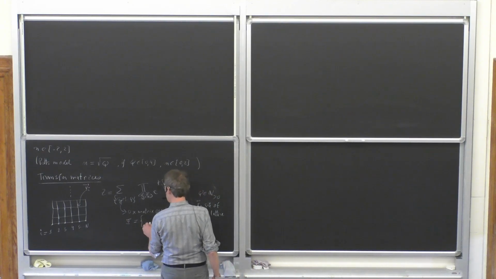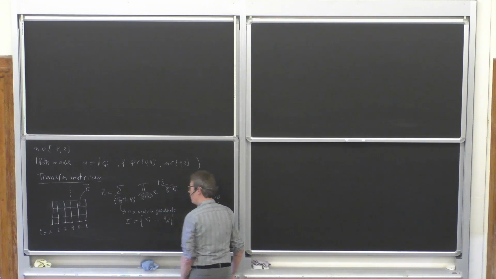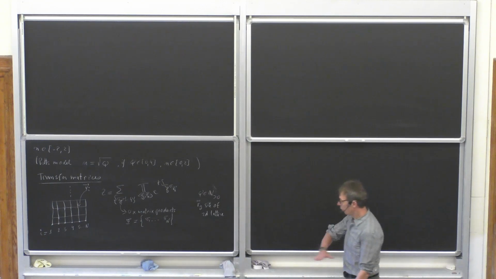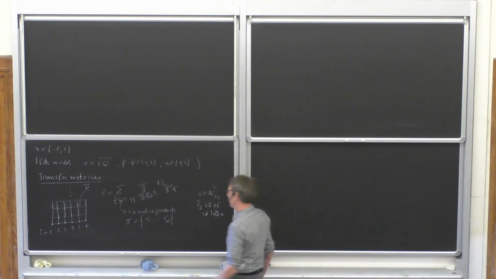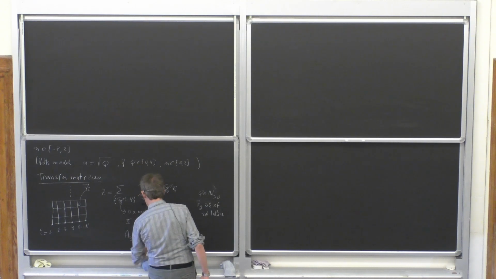So let's imagine that I give myself a configuration of n spins, say on the bottom row, and I introduce some abstract matrix, A sigma sigma prime.